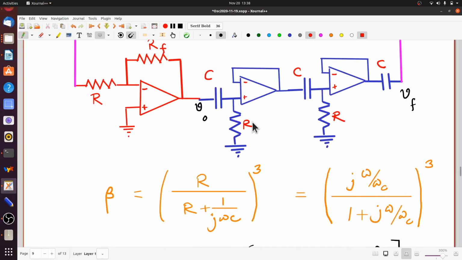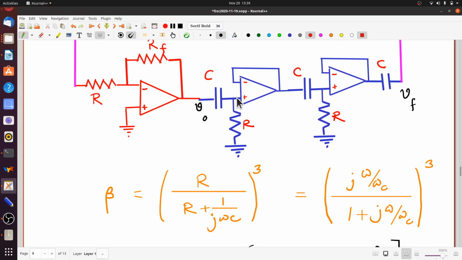The feedback fraction, which is what fraction of VO is fed back here, is simply what happens for one CR piece, which is R by R plus 1 by j omega C, times itself 3 times, so raised to the power 3. This simple calculation occurs basically because the unity gain buffers in between ensure that whatever is output here, no current is drawn from that.